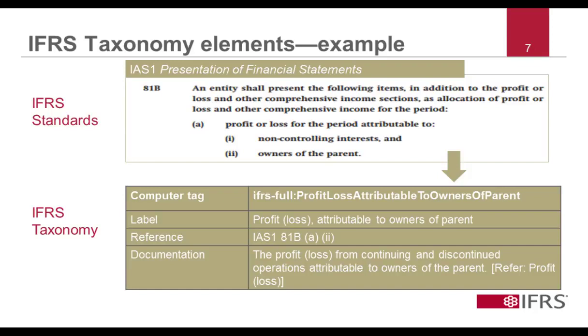It also has information about documentation, and this is additional information from the IFRS Standard, as well as references to any other related element. In this case, the reference is to the element profit or loss.